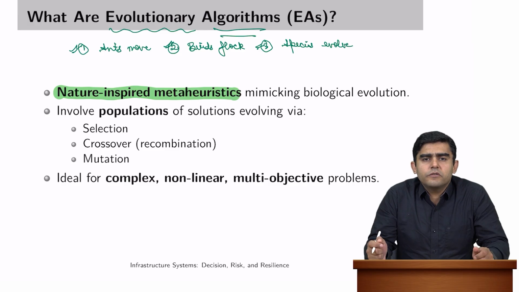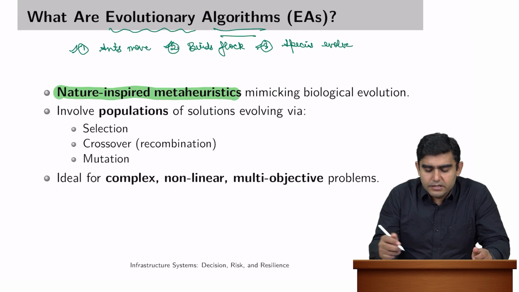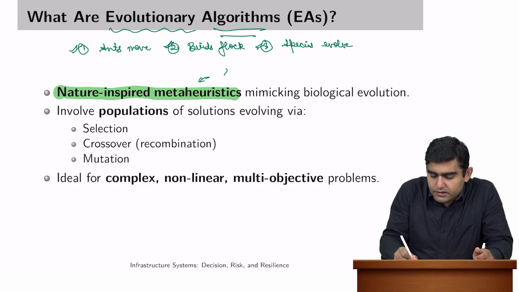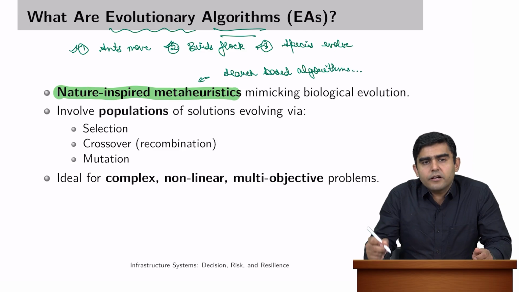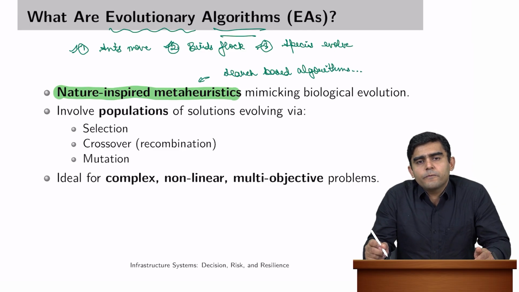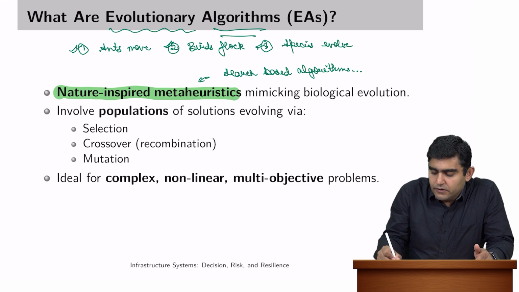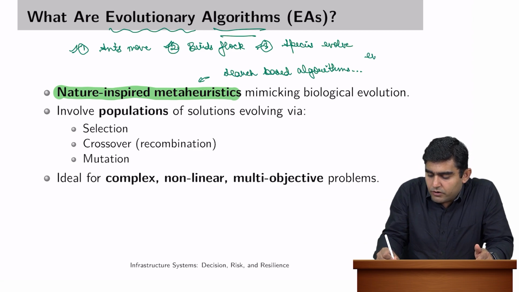Now let us talk about the word meta heuristics. Meta heuristics essentially are search based algorithms where, instead of writing our equations in some differential form, for example, or going for the exact solution, we evolve from some initial state.